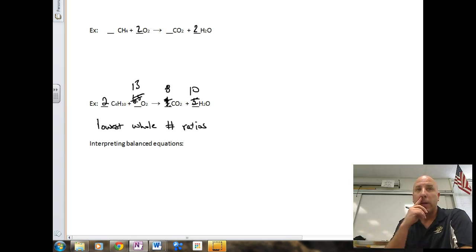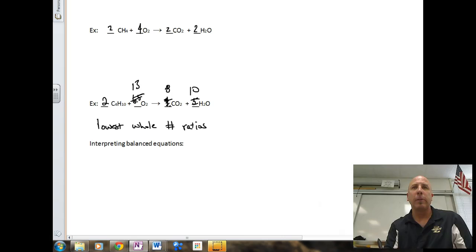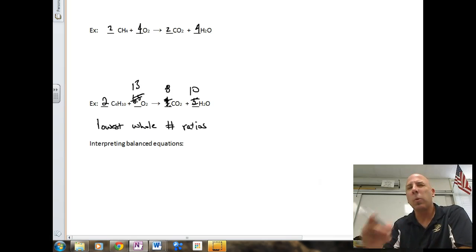This is correctly balanced. Now let's say we were going through and balancing this equation, and we balanced it so that it was actually 2, 4, 2, 4. Now, for right now, we want lowest whole number ratios. There will be a reason later on in AP chemistry that we might have a reaction that looks like this, but for now what we want is the lowest whole number ratio.